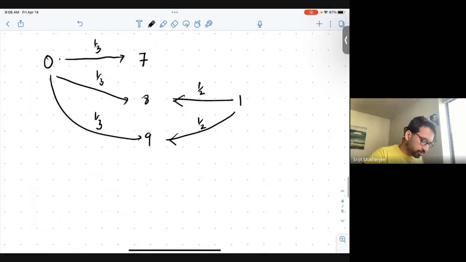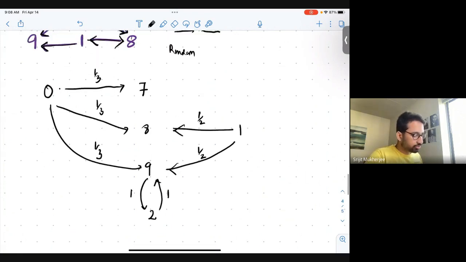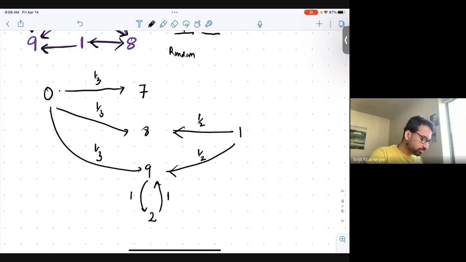And 2 can go to just 1 with probability 1. So 1 will go to 2, and 9 will go to 2 with probability 1. And 7 will go to 0 again with probability.